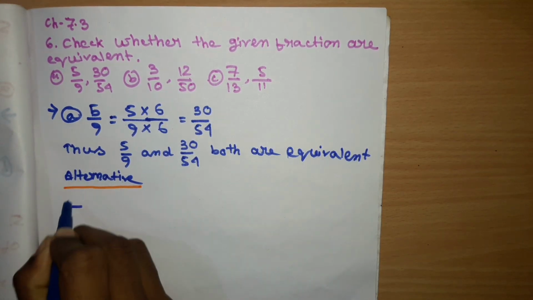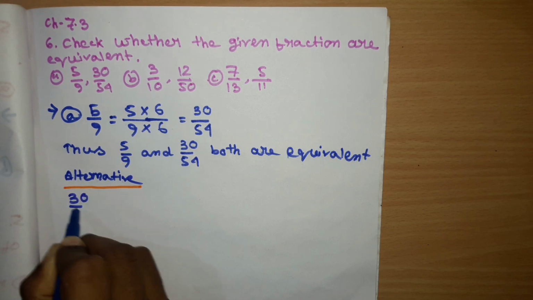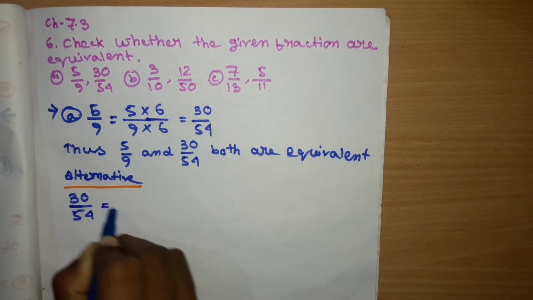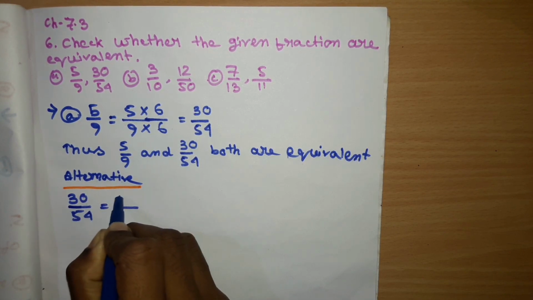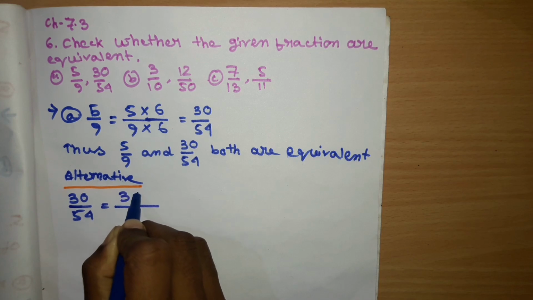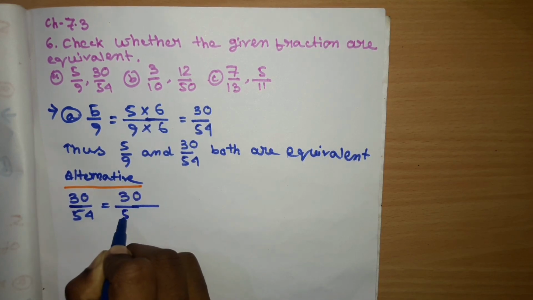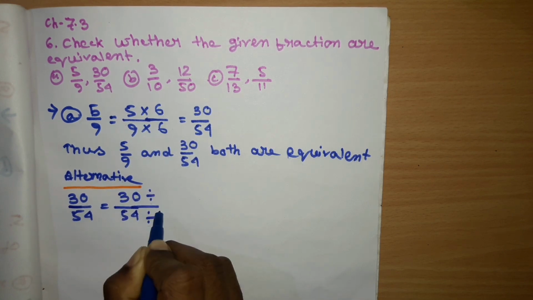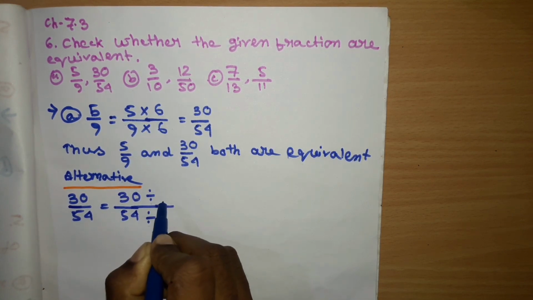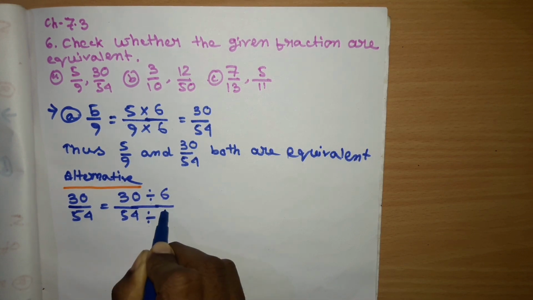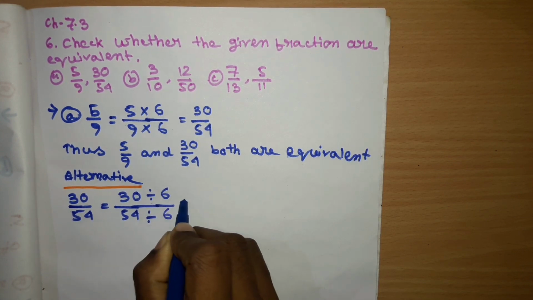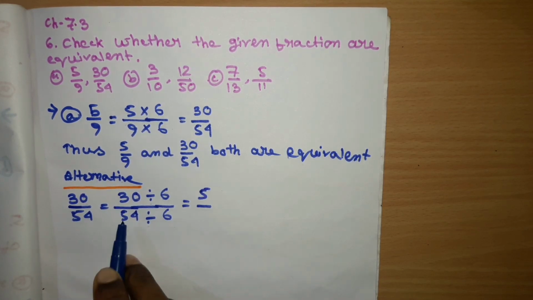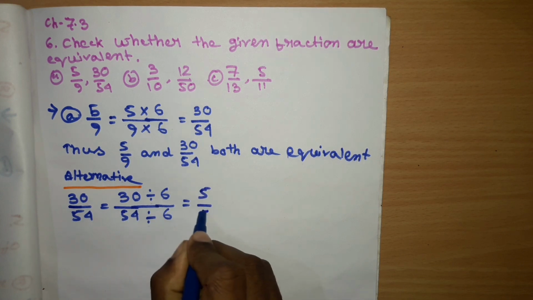Now if anyone wants to do it another way, what happens if I start with this one, whether I'll get the first fraction. Let's see, 30 by 54. If I divide both numerator and denominator by a common number which is 6, what I'll get: 30 by 6 equals 5, 54 by 6 is 9.